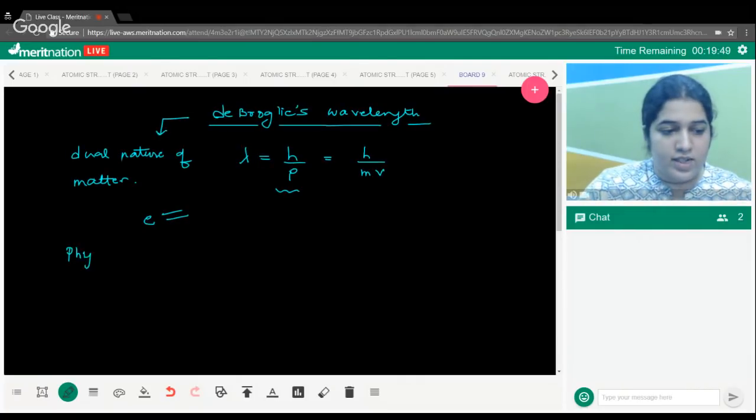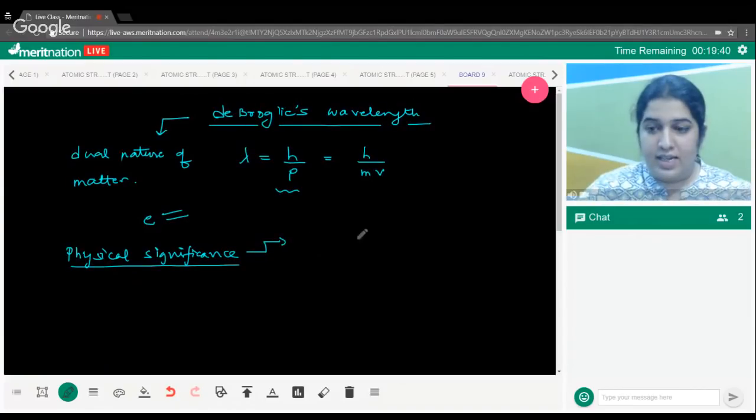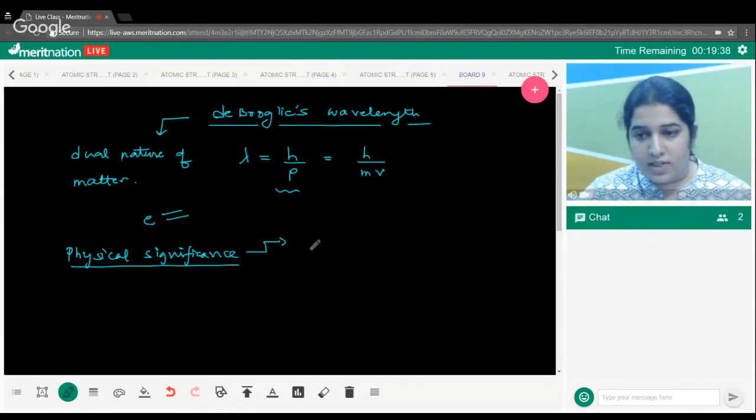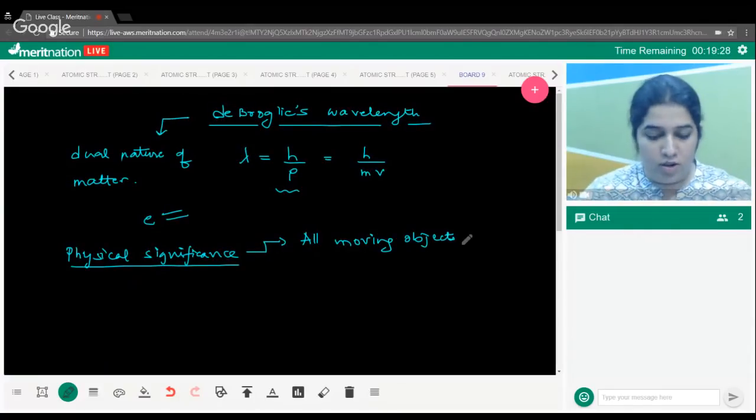Now, questions have been asked upon the physical significance of this de Broglie wavelength. The physical significance is, all moving objects possess a wave character.